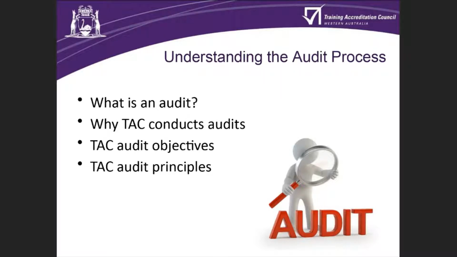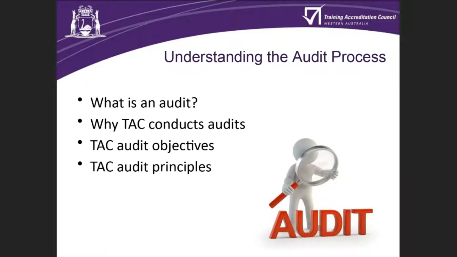So, as I say, TAC uses the audit systems to ensure that their regulatory strategies are enforced, and that they can identify any issues that may be occurring. Sometimes it's systemic issues or lack of understanding across RTOs. Often it's specific to certain organisations, but the main thing is that whatever audits are conducted on behalf of TAC, they meet that definition, which is that they are planned, that they are systematic, and that the audit process is documented.